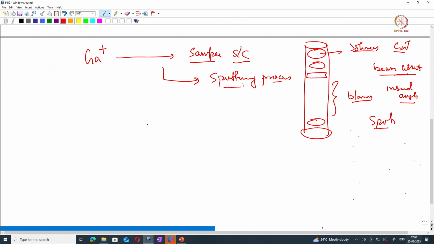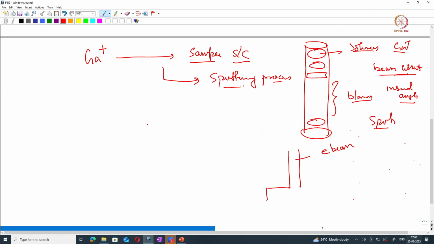Now, next, when we discussed it two classes before, what we showed is you have an electron beam column.